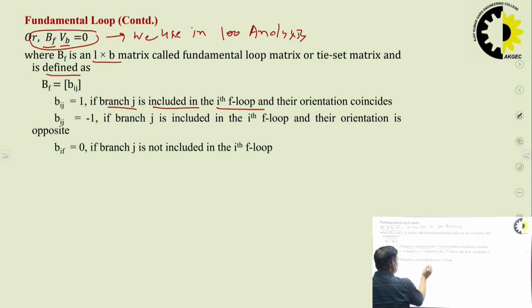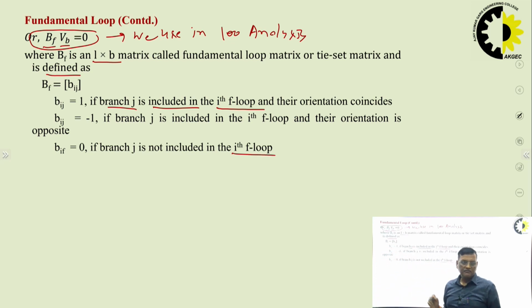And if branch j is not included in the ith fundamental loop, then the value is 0. So in the matrix, the entries are 1, -1 and 0.